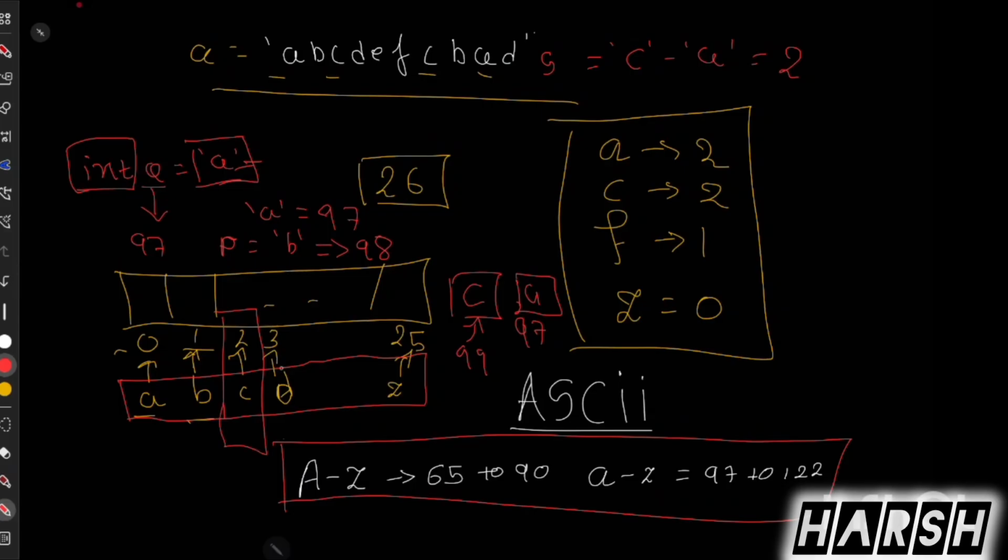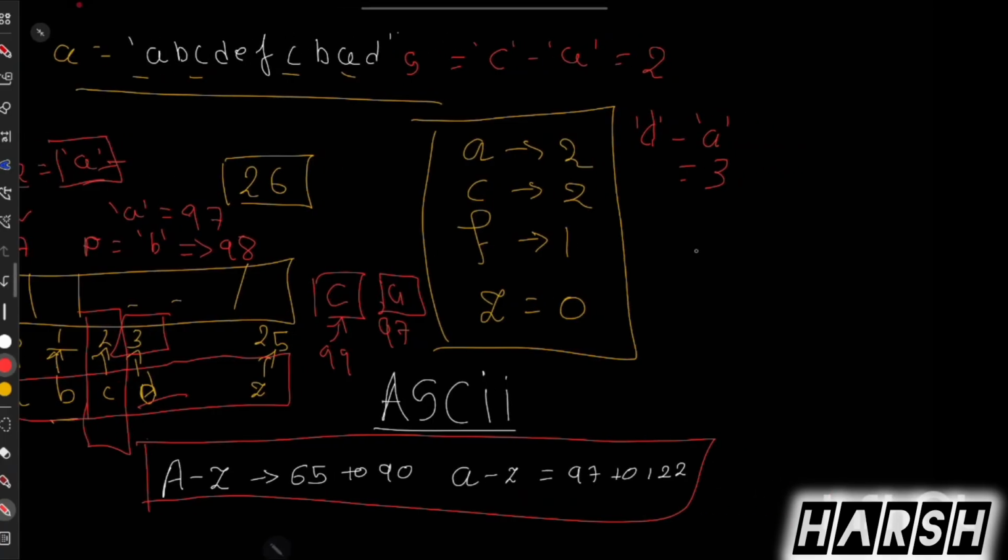Let's say I want to do it for d. What should I do? I do 'd' minus 'a' and it comes to 3, and in my array the index of d is 3. So in short, if I have any character ch, then I do ch minus 'a' and I get the index in this array, which I call the hash array.